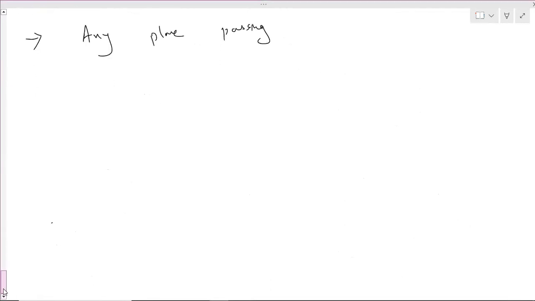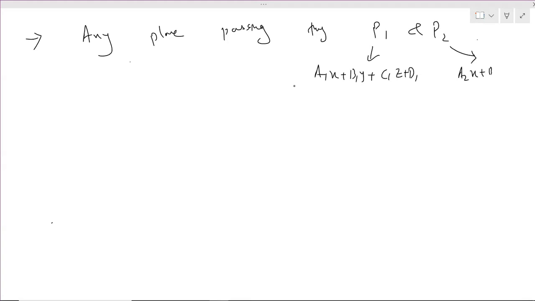All right. There was something called family of lines in 11th. Same way, any plane passing through P1 and P2, where P1 and P2 are two planes. Suppose this equation is A1x plus B1y plus C1z plus D1, and this is A2x plus B2y plus C2z plus D2.